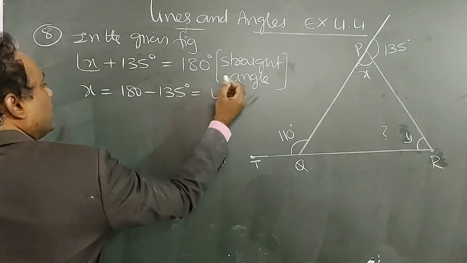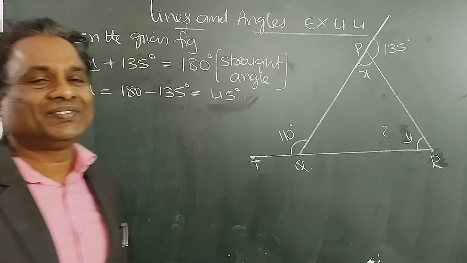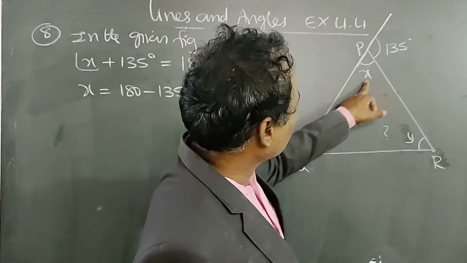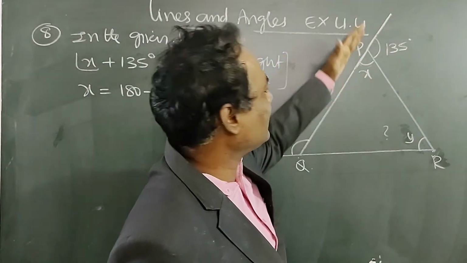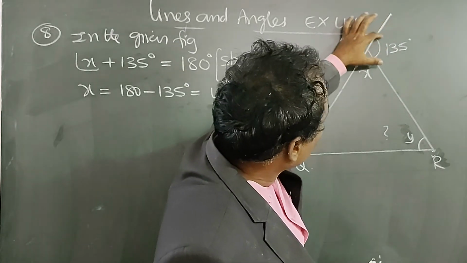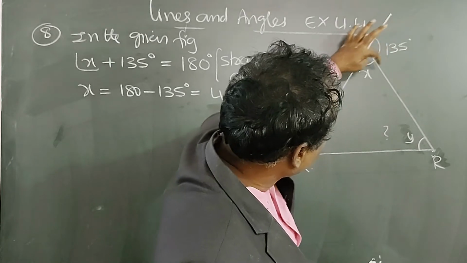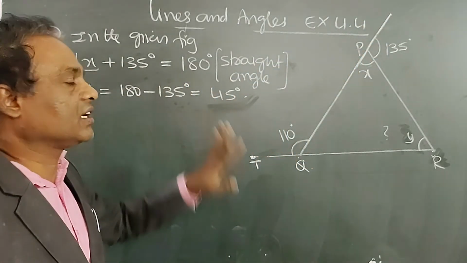But actually we don't want x, we require this angle. See here students, very simple. This plus this, the total angle on one side of the straight line, is 180 degrees. The total angle consists of two parts. X is equal to 180 minus 135, 45.